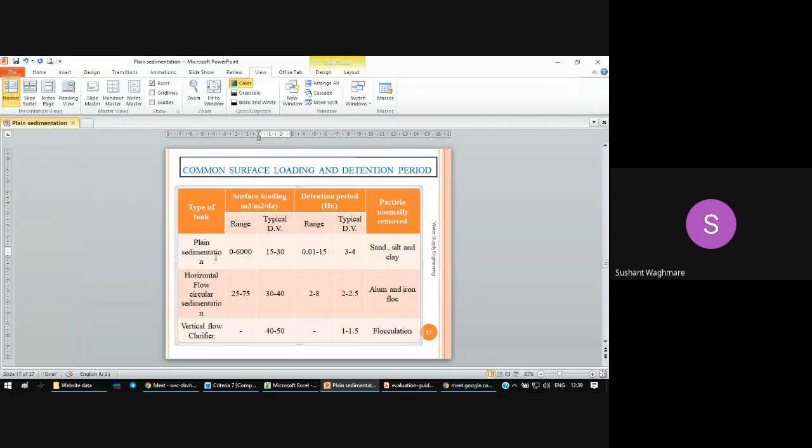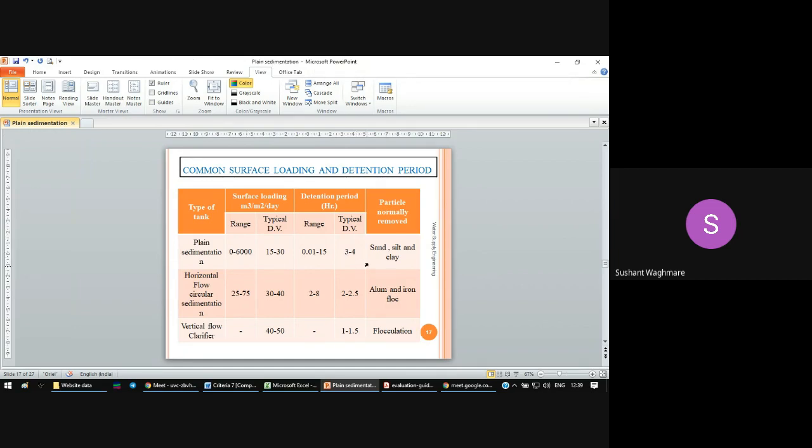Its range for plain sedimentation is 0 to 6,000, and typically we take the design value as 15 to 30 meter cube per meter square per day. Then detention period lies from 0.01 to 15 hours, and a typical value which we use is 3 to 4 hours of detention period.